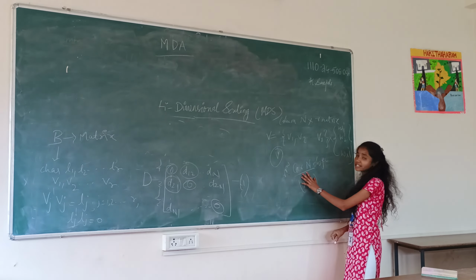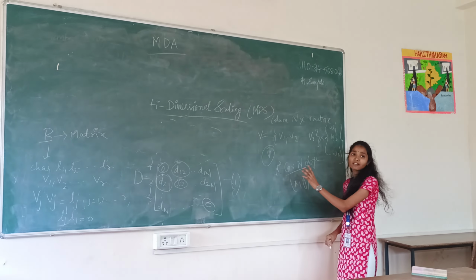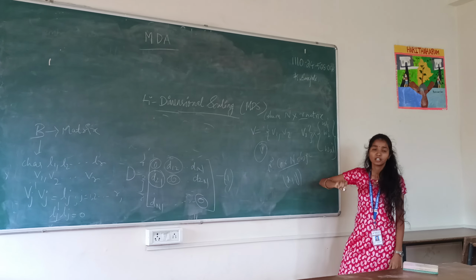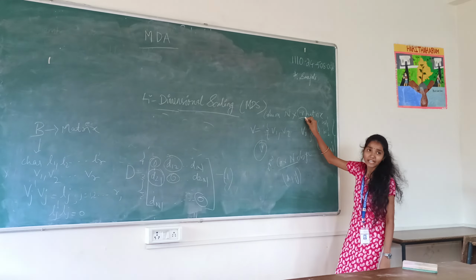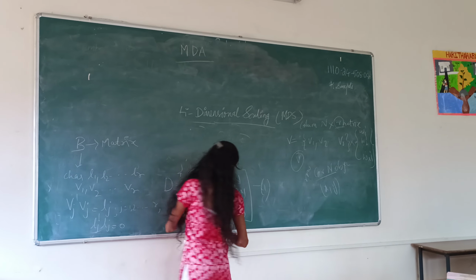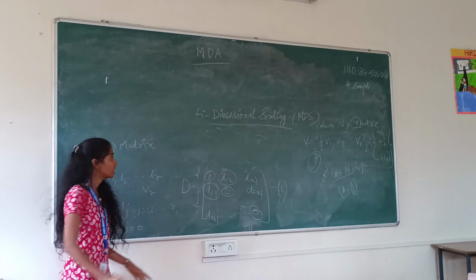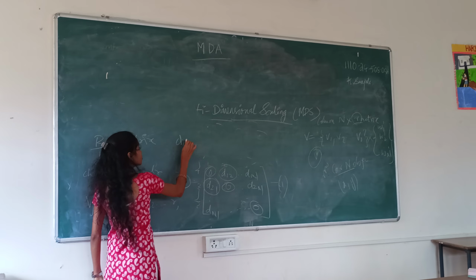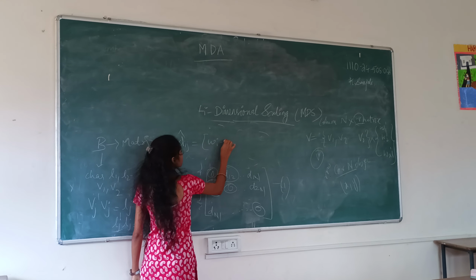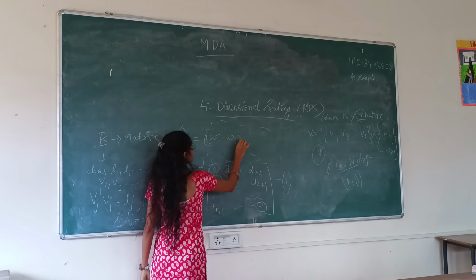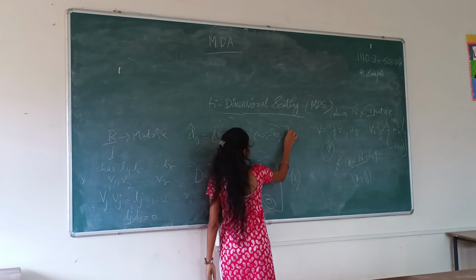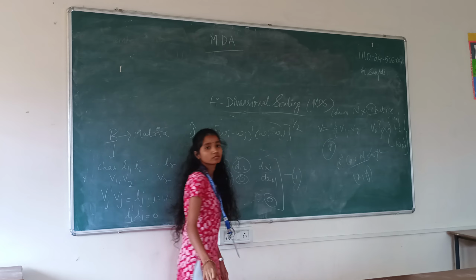If the coordinates lie entirely in the r dimensions that we have taken, then the distance estimate, that is the similarity matrix I mentioned, d_ij hat, equals (Wi minus Wj) transpose into (Wi minus Wj) whole to the power of 1 by 2.